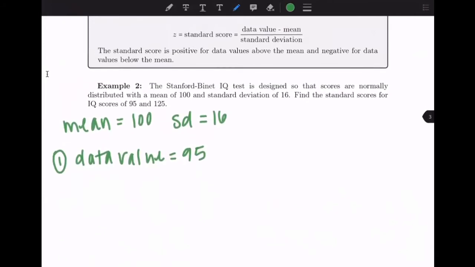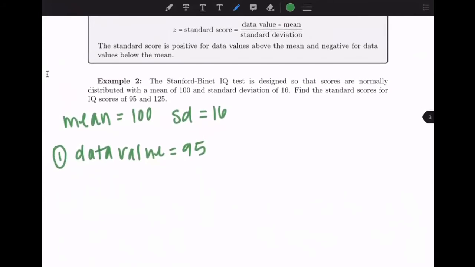If we peek back up at our equation, we'll have z equals data value minus mean. So that's 95 minus 100 divided by the standard deviation, which was 16. 95 minus 100 is -5.